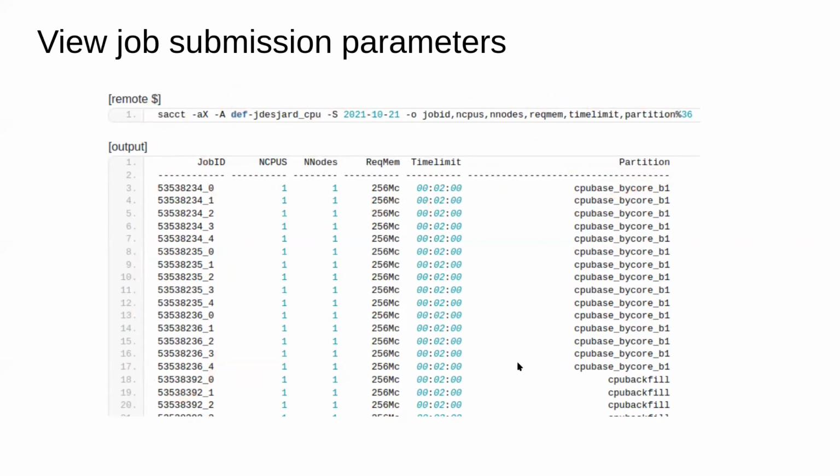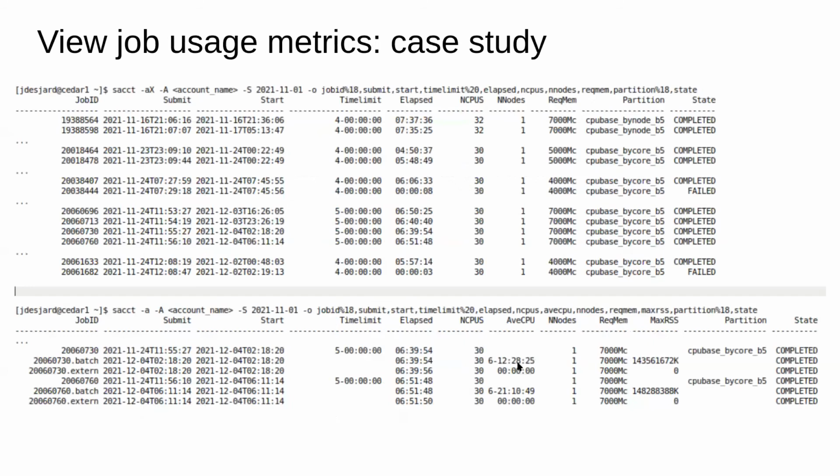Okay, so the next thing, we want to not only understand what we asked for, but in past jobs, we want to see what was actually used. So this is why I was referring to the job usage as allocation. What we want to know is not only what the job requested.